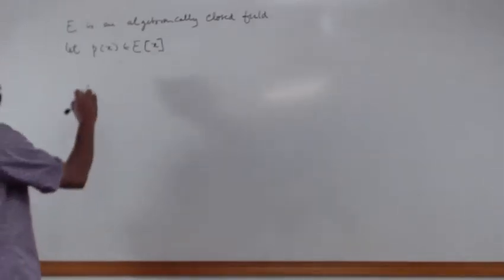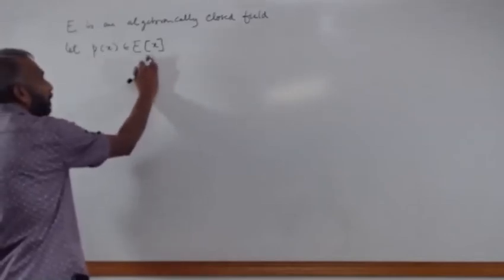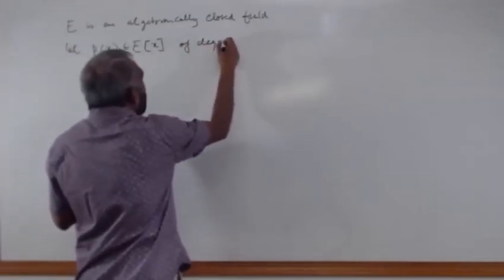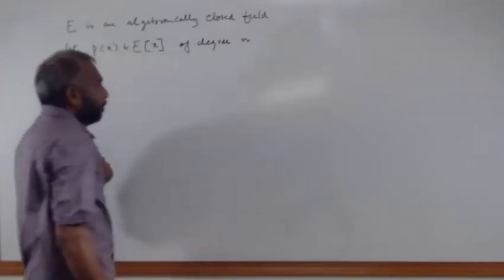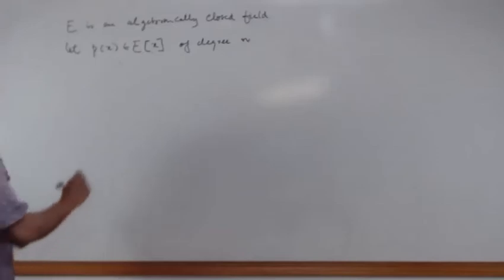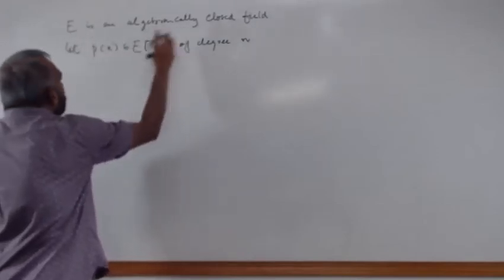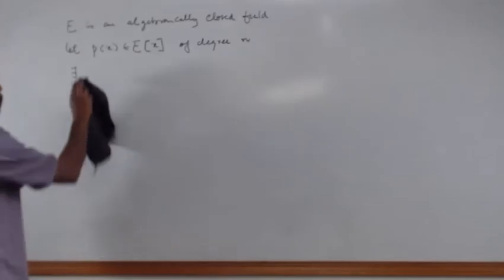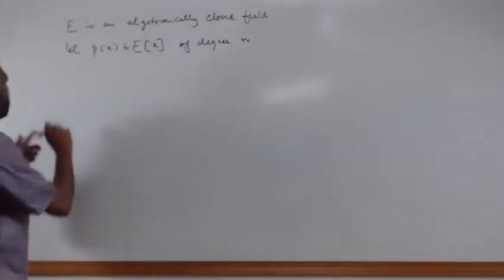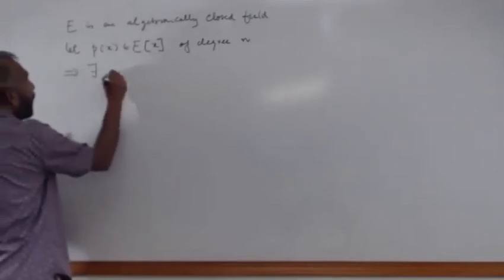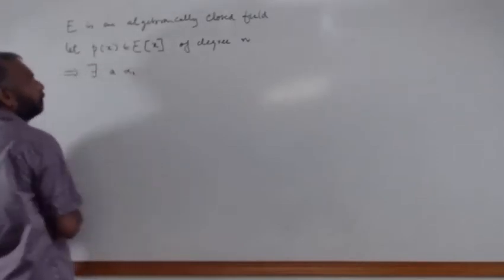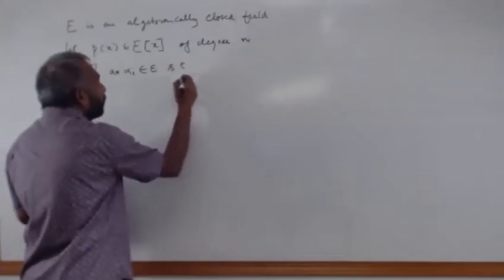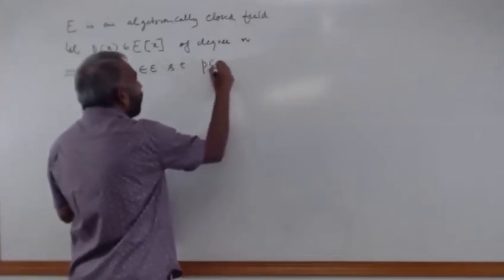Then, because this is a polynomial here of degree n, E is algebraically closed, this implies there exists an alpha 1 in E such that P of alpha 1 is equal to 0.